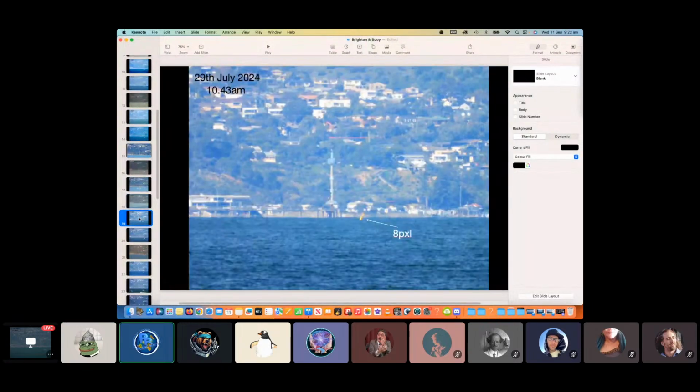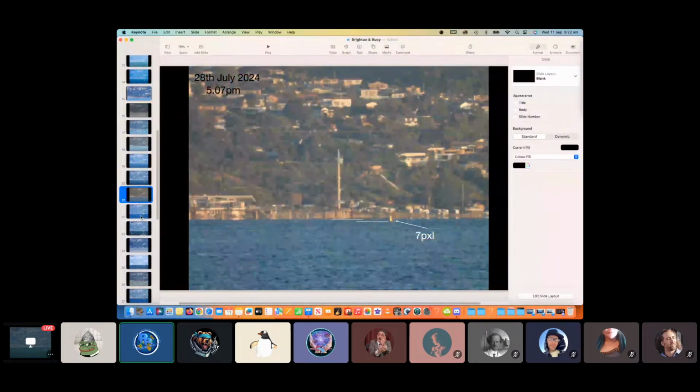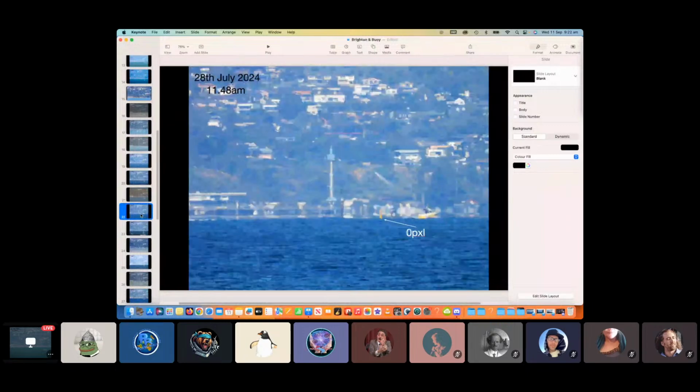Yeah, for sure. So when we look at a day like this, there is a slight inferior mirage here. There's 8 pixels to the horizon. I think there was a slight inferior. No, maybe there's not a slight inferior mirage on that day as well. But now we've got 9 pixels. Right, that's a slight inferior mirage there. Obviously, a heavier inferior mirage.